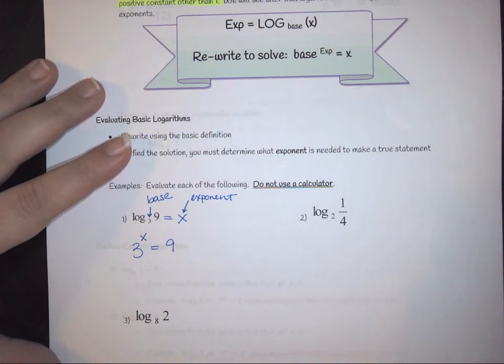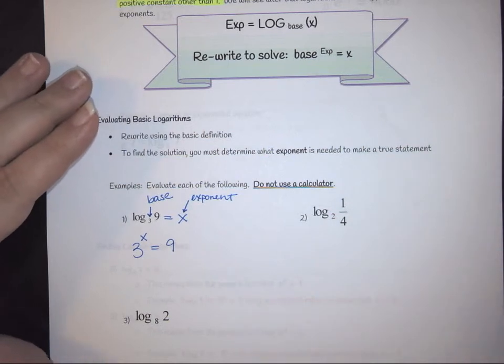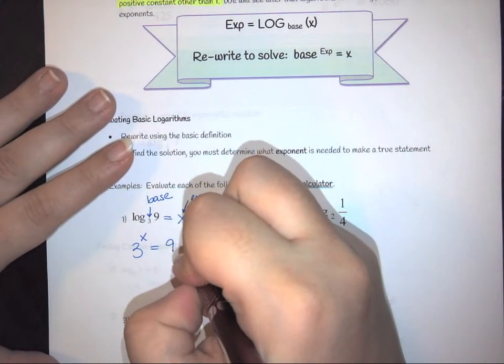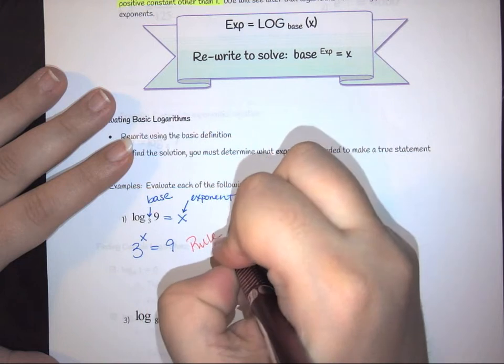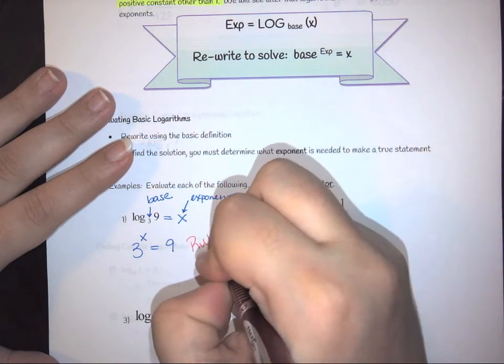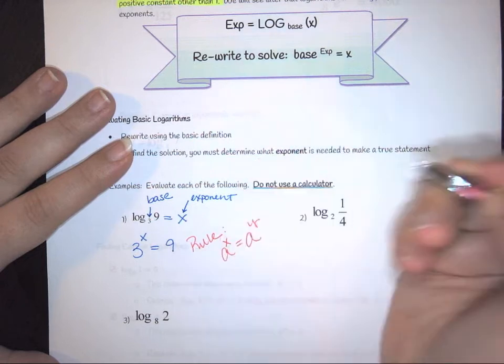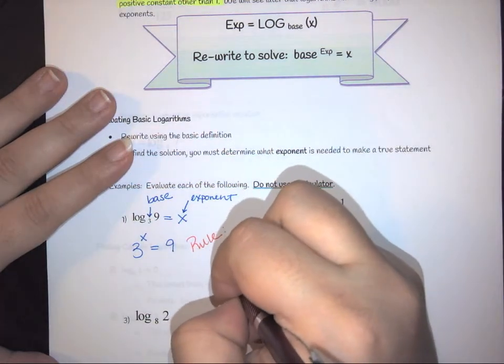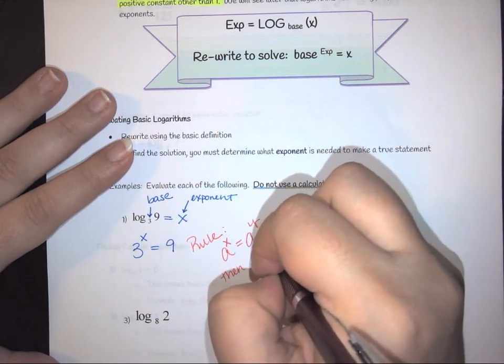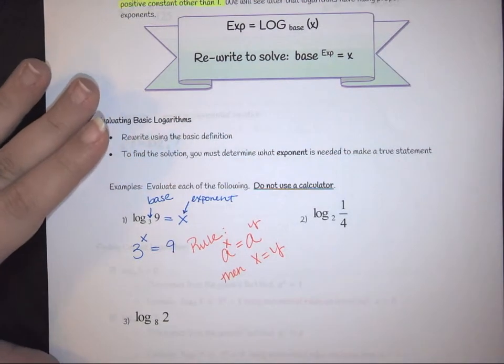Using exponents, we have a rule that says if your bases are the same, then your exponents are the same. So if a to the x equals a to the y, then x equals y.